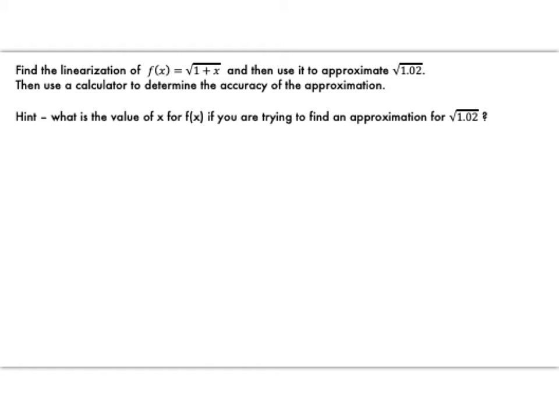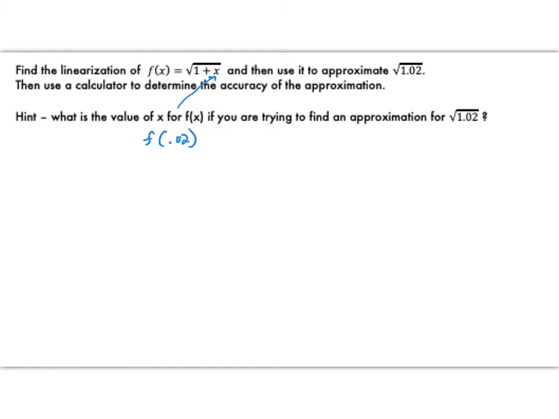So if we're going to approximate the square root of 1.02, what value of x do you need to use in this function to get the square root of 1.02? Well, basically what we're finding is f of 0.02. Okay, so keep that in mind. That's what we're really trying to do here.